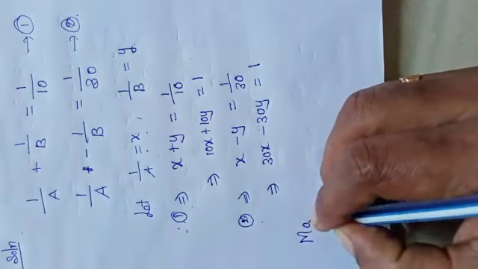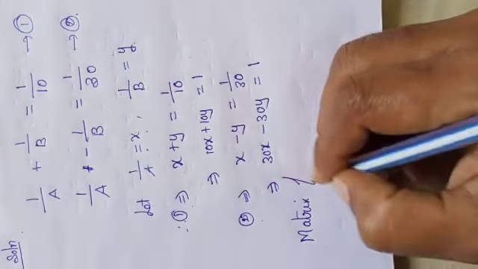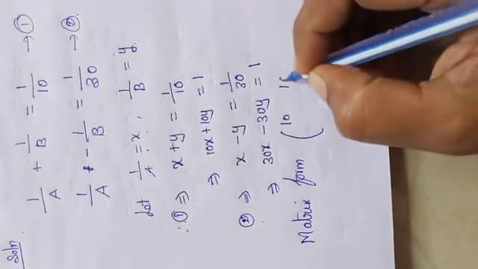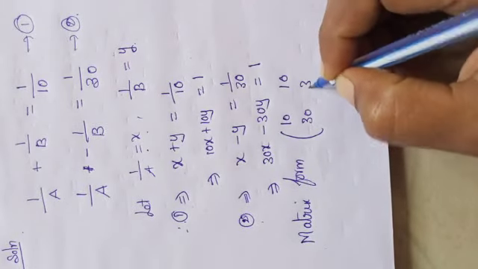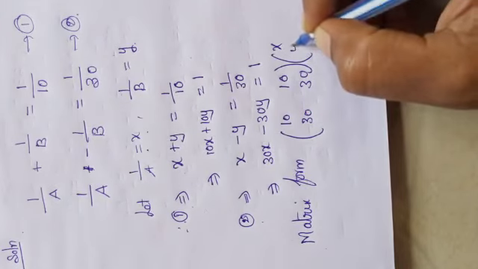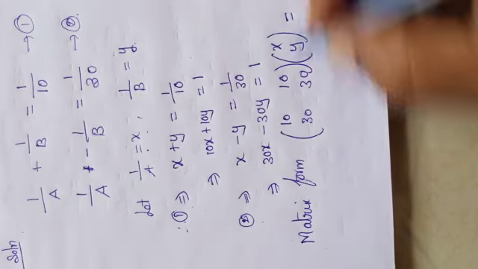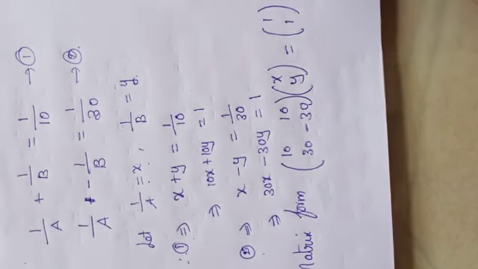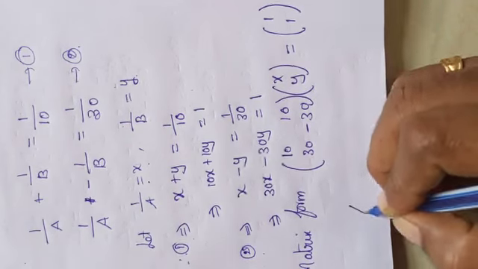Now we can write in matrix form. When we write in matrix form, we make it [10, 10; 30, minus 30] into [x, y] equal to [1, 1]. Is it not? Shall we find out delta?